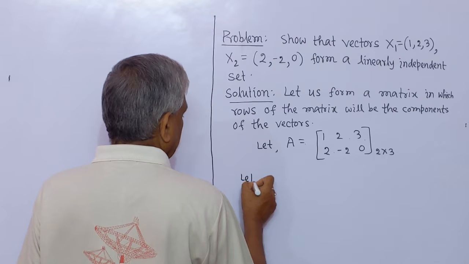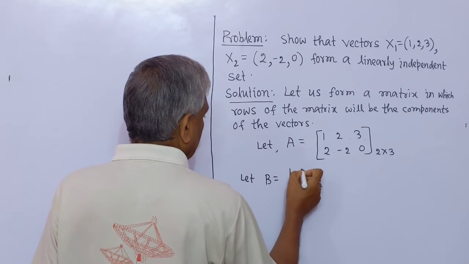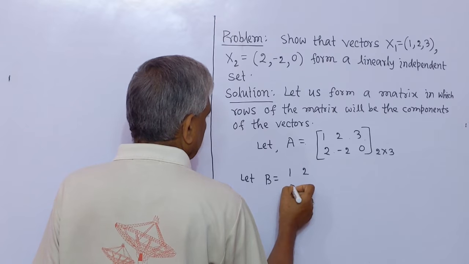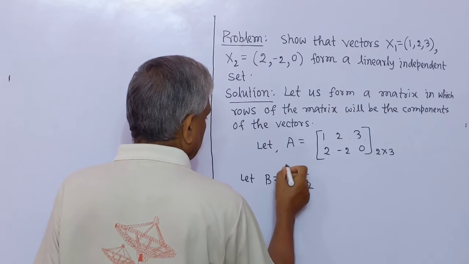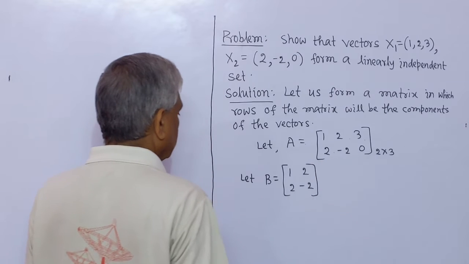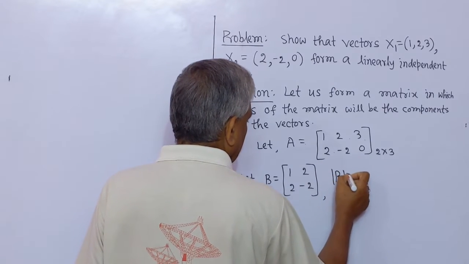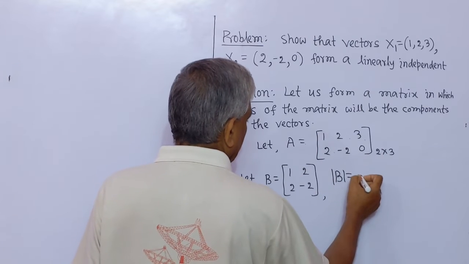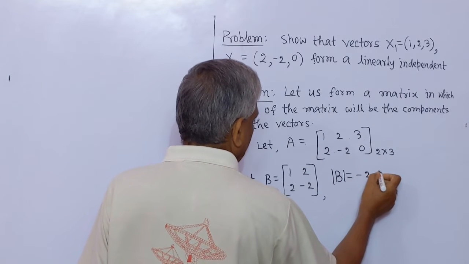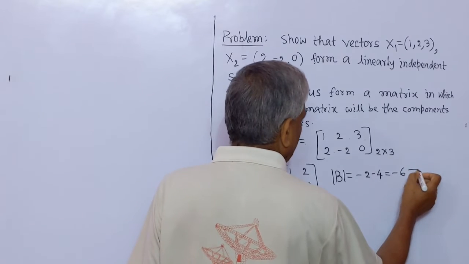Let B equal the submatrix with rows 1, 2 and 2, -2. Determinant of B equals -2 - 4, which equals -6. This is not equal to 0.